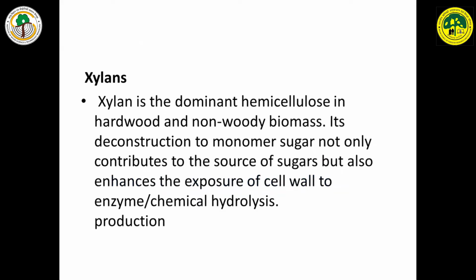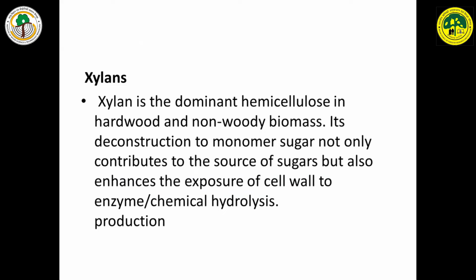Next, deconstruction to monomers, that means we are doing hydrolysis. Hemicellulose is easily hydrolyzed compared to cellulose. Cellulose is not hydrolyzed easily because it is crystalline. Due to the highly intermolecular hydrogen bonding in cellulose, deconstruction is not easily possible, whereas we can easily deconstruct hemicellulose with dilute acids as well as alkalis.